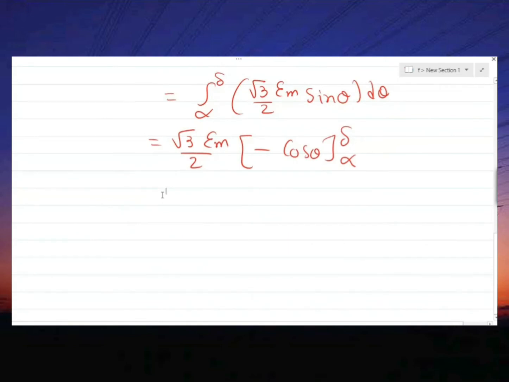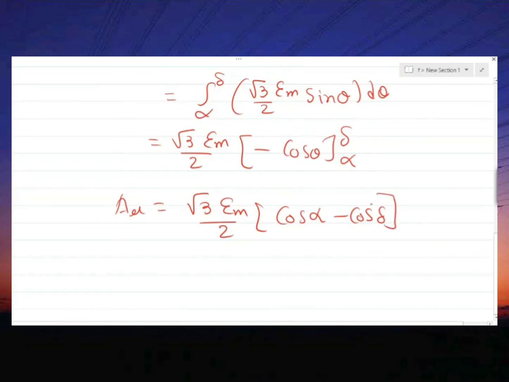So now mu is equal to root 3 Em by 2 into (cos alpha minus cos delta). So this is your overlap area. Remember these things. This is your overlap area.